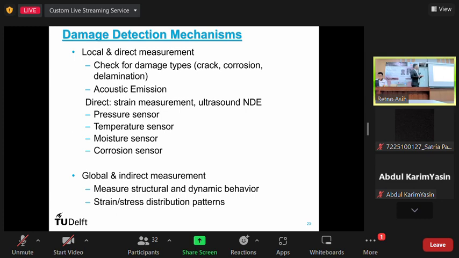And then you have direct stress measurements and ultrasonic NDT, like pressure sensors, temperature sensors, moisture sensors, corrosion sensors that you can use to detect. And with local and indirect measurement, you understand the behavior of the overall structure, not the local, and you use dynamic behavior monitoring, like vibration-based monitoring solutions and others. Or you look at the stress distribution or strain distribution in your structure overall.